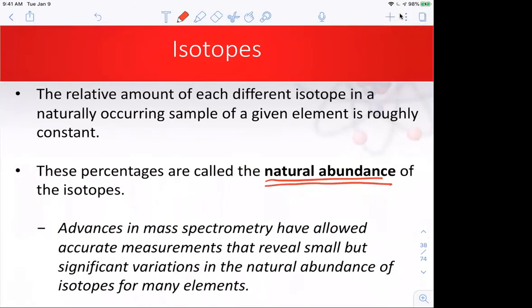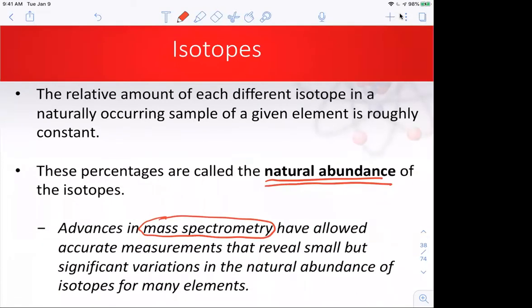Now, what's interesting is you can actually figure out the mass of a given atom by using something called mass spectrometry. And this technique has become so precise that it has allowed such accurate measurement that reveal there are actually small but significant variations in the natural abundance of isotopes for many elements, which means it really depends on where the source of the atom is from.